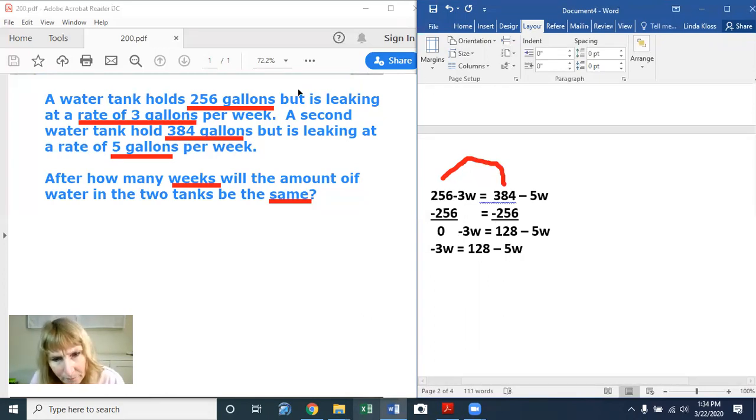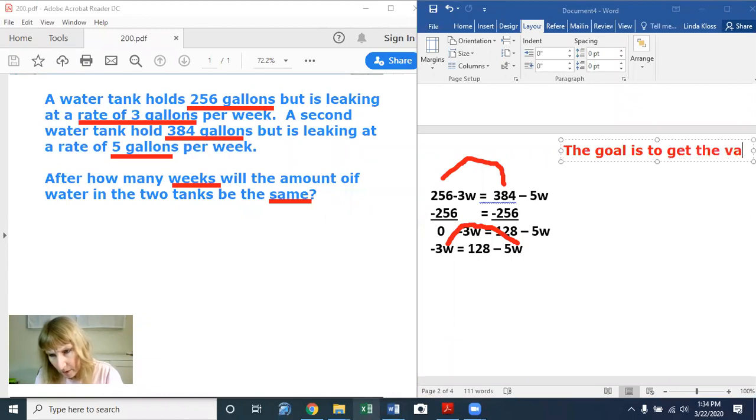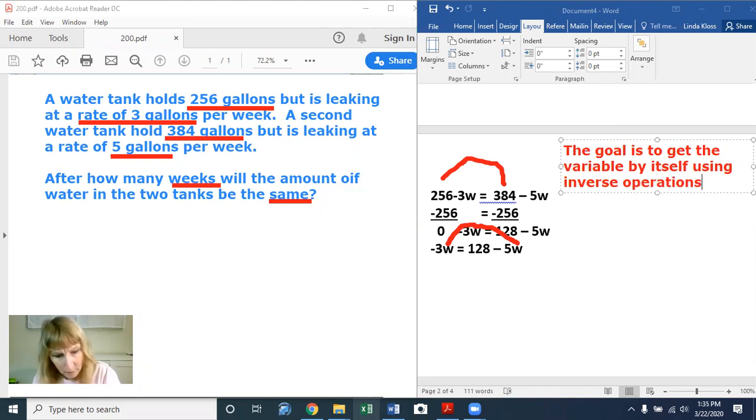I'm still not done. I need to now get my 5w somehow over to here with my negative 3w. So how am I going to do that? I'm going to use inverse operations. In fact, let's go back and write the goal is to get the variable by itself using inverse operations.